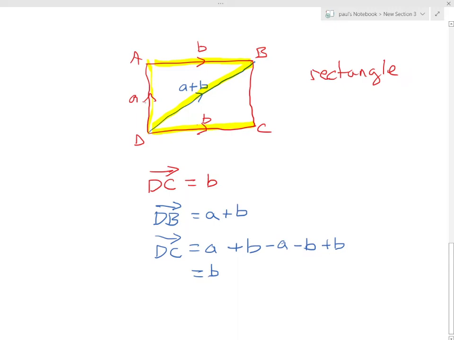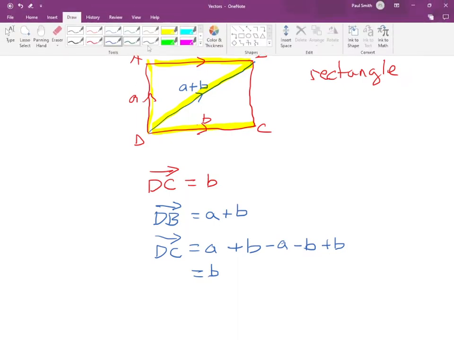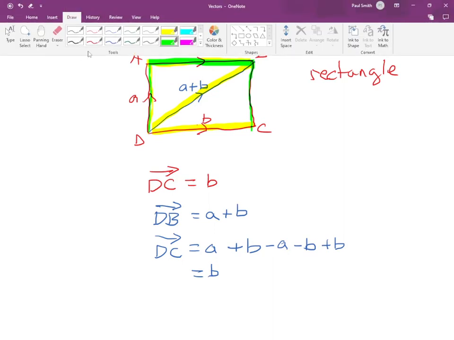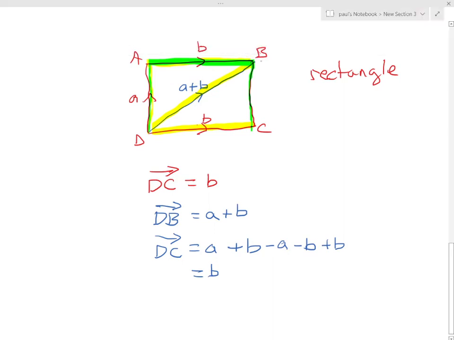Now we could have gone another way around. We could go this way, and this way. And the only problem we had earlier on with that one was that we didn't know what BC was. But hey, it's a rectangle, so it's going to be exactly the same as that.